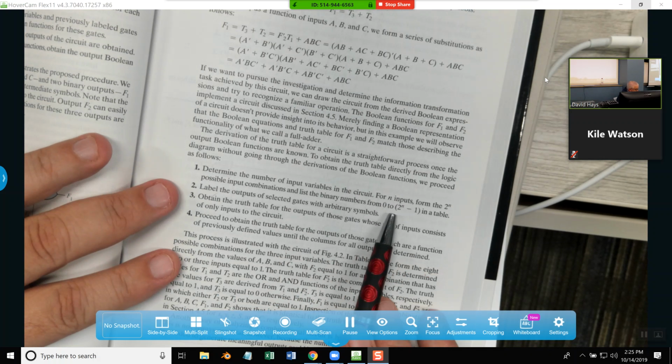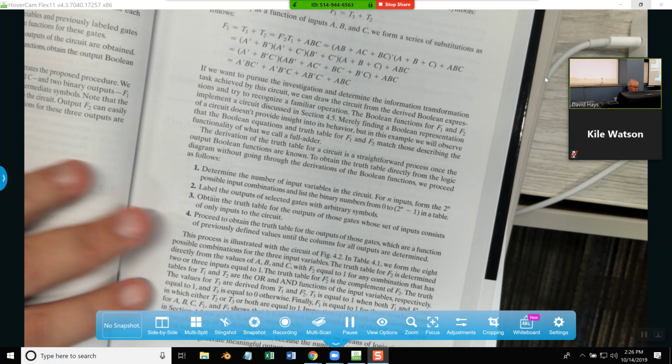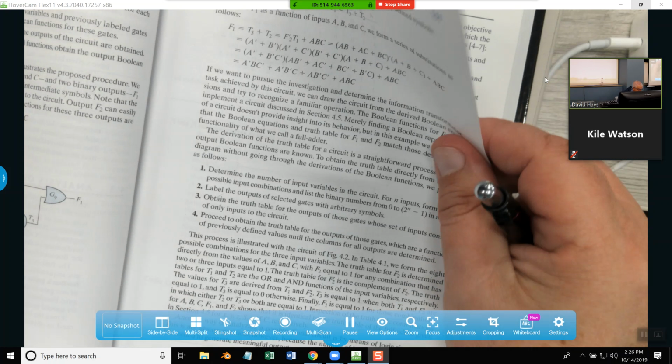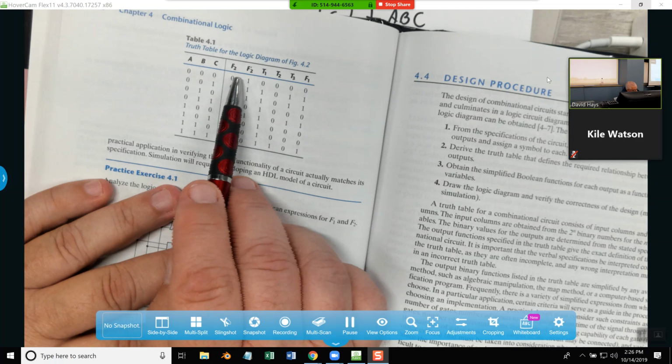So you need both of them to trace it through. Oh, okay, never mind. I was thinking this had something to do with this up here, but they don't.